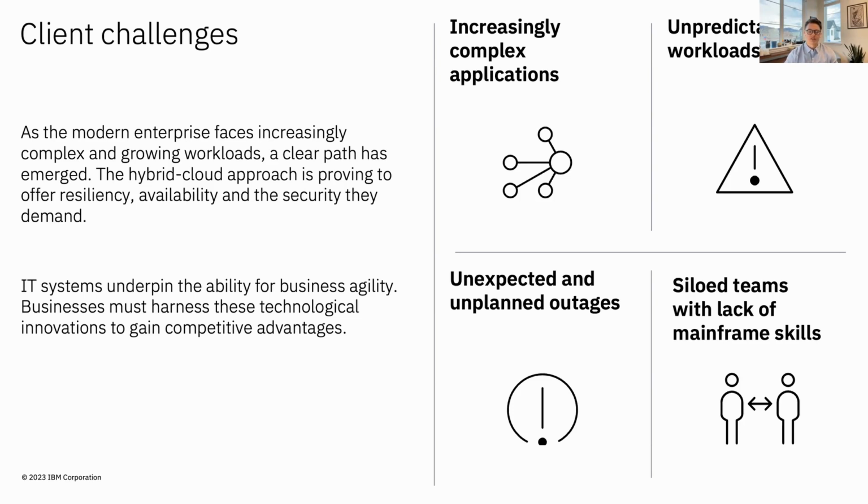And so the four big ones here are, first, increasingly complex applications. Gone are the days of being able to develop something that an end user will take advantage of, and it's in a single place. These span across hybrid multi-cloud, private and public cloud, a whole different area of domains.